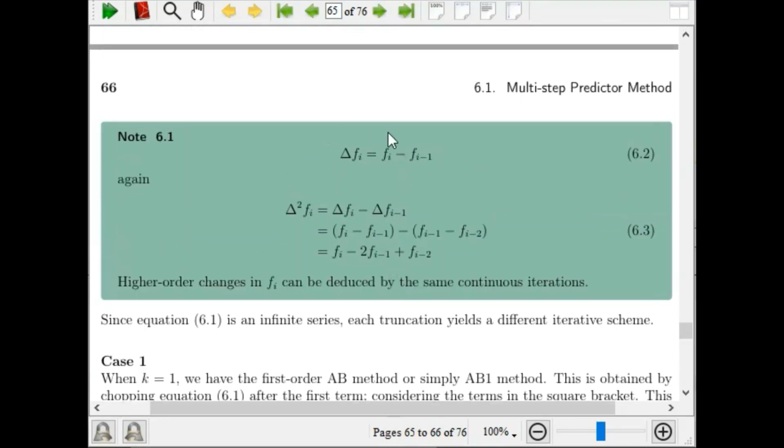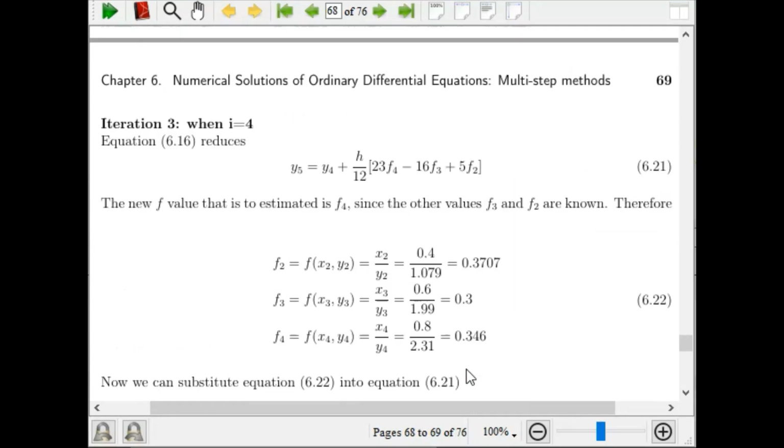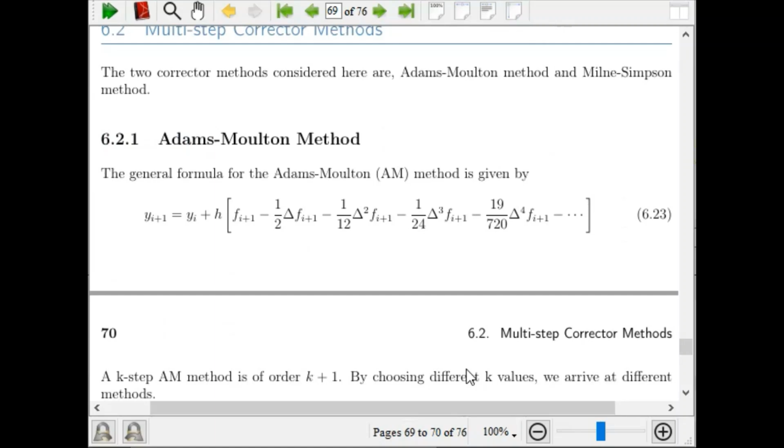So when it's f_{i+1}, this becomes plus 1, this becomes plus 1, this becomes plus 1, and plus 1 minus 1 plus 1 gives us 1. So this will be i+1, this will be i, and this will be i minus 1, and this will be i+1. That is what you are seeing for the corrector method.